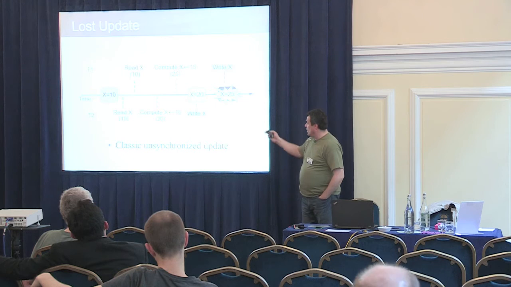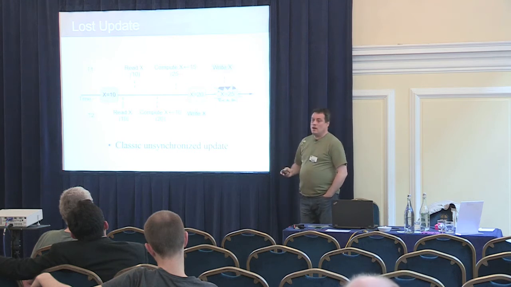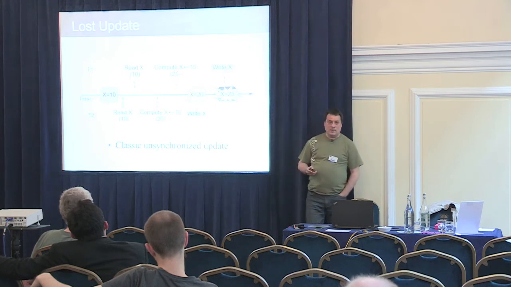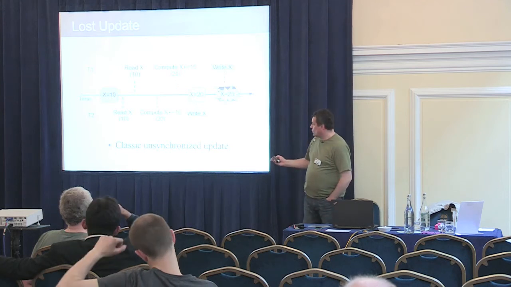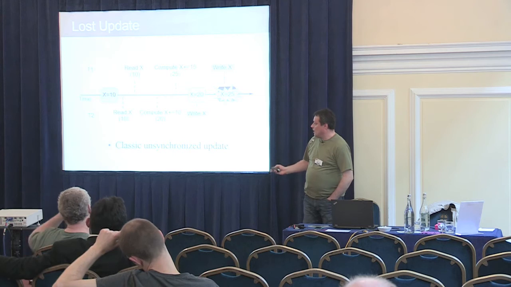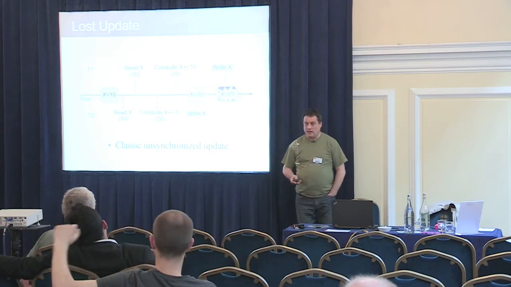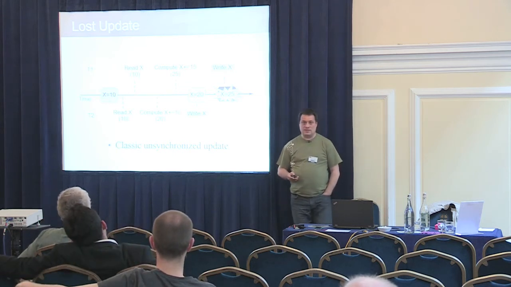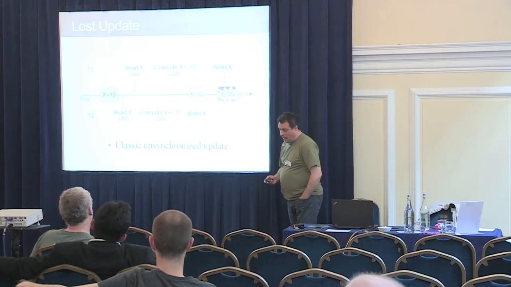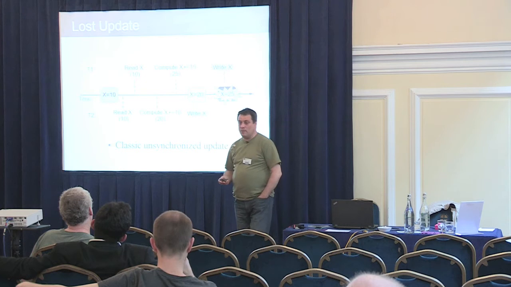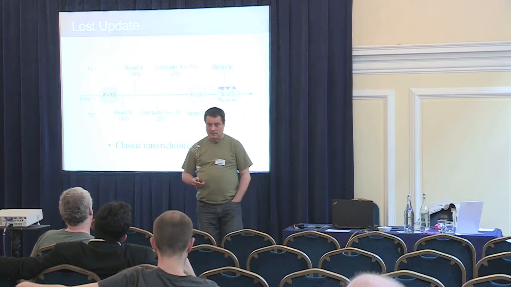And of course, transaction 1 wrote its own update after transaction 2. So this update, X equal X plus 10, was lost. So this is lost update, which is forbidden by the ANSI standard for relational database management systems.